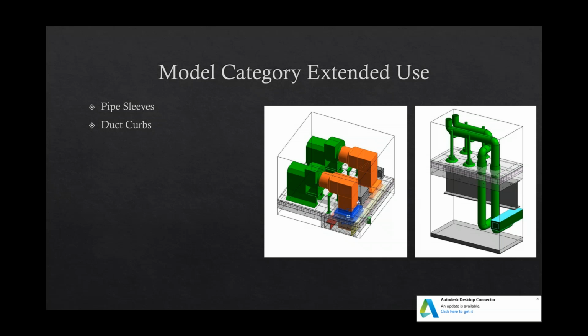One more thing is that we can extend the use of certain model categories for things that will have a bit more vertical play to them, or where we want to just keep the connection of the run.